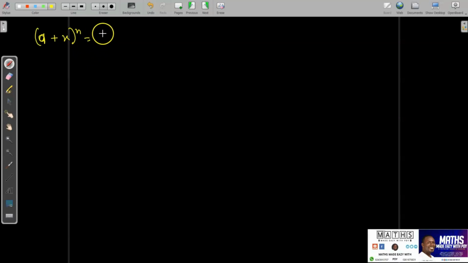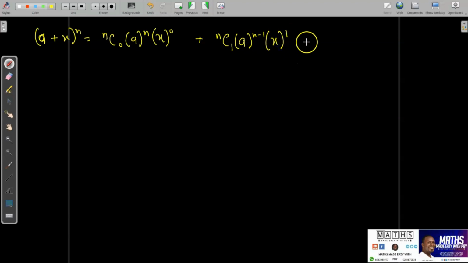This is going to be n combination 0 multiplying a to the power n multiplying x to the power 0, plus n combination 1 multiplying a to the power n minus 1 and then x to the power 1, plus n combination 2 multiplying a to the power n minus 2 multiplying x to the power 2, plus dot dot dot.